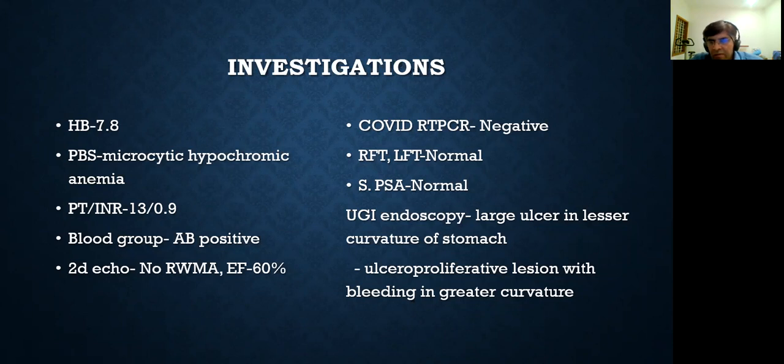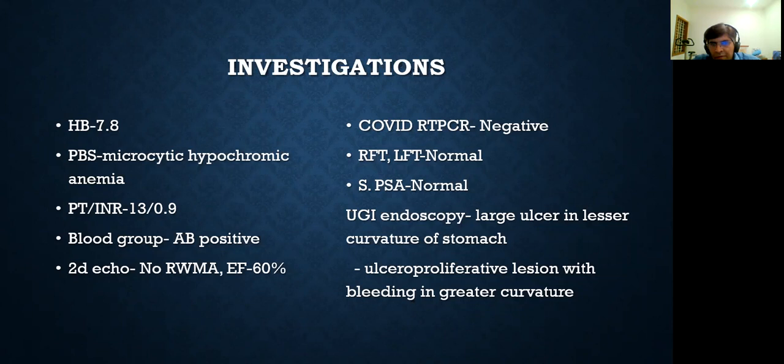Since he had coronary artery disease, we got 2D echo done, and it was normal. Since he had urinary frequency, we got his serum PSA done, which was also normal.